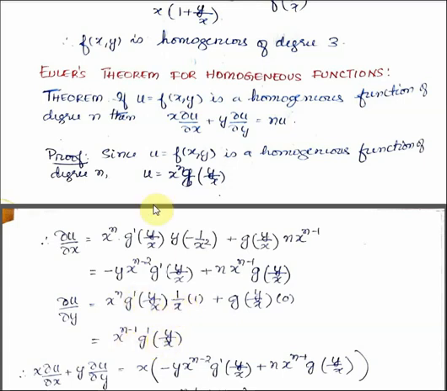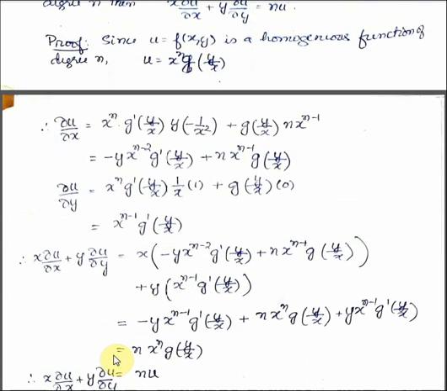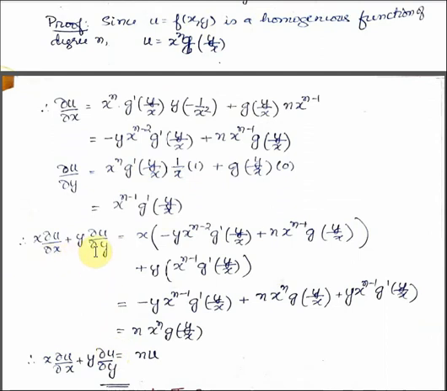Then, once I have both the partial derivatives, ∂u/∂x I should multiply by x, ∂u/∂y I should multiply by y, and then add both of them. So, that is what we have done in the next step. x ∂u/∂x plus y ∂u/∂y: x into this full term plus y into ∂u/∂y is here. Now rearrange the terms. I have to multiply x to both the terms.